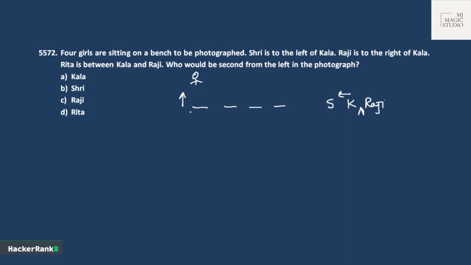Okay, here is Rita. So we have Shri, Kala, Rita and Raji. Who would be second from the left in the photograph? So in the photograph, since the photograph is taken from the front, second from the left means second from my right. That would be Rita in the photograph. Option D is the pick.